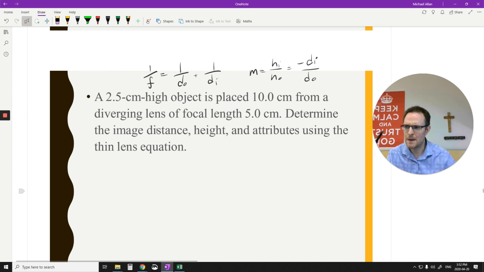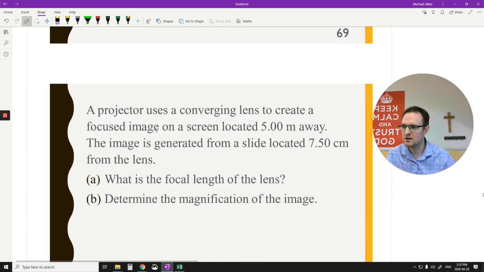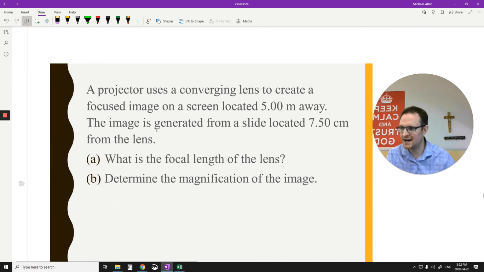What I want you to do is try out these next 3 questions. The only thing weird about this last one, about the projector, is that the image, because you are on the same side as the image itself, is considered a real image.